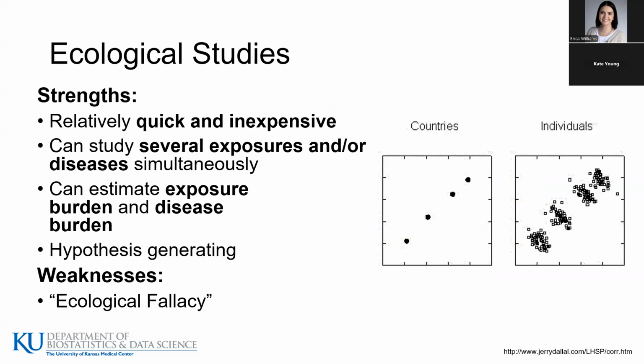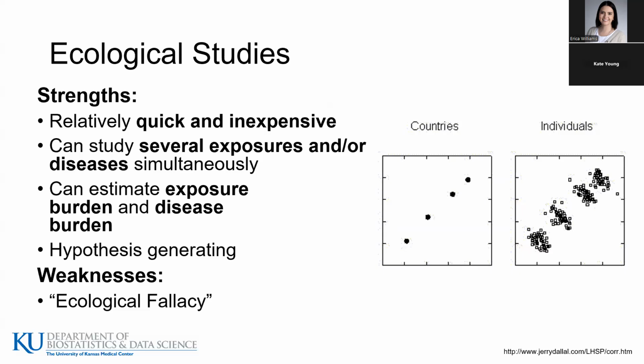Some strengths are they're relatively quick and inexpensive. We can look at several exposures and or diseases simultaneously, similar to a cross-sectional study. We can estimate the exposure burden and the disease burden, both. And these are often used to generate hypotheses that are then tested in other more individual level studies.